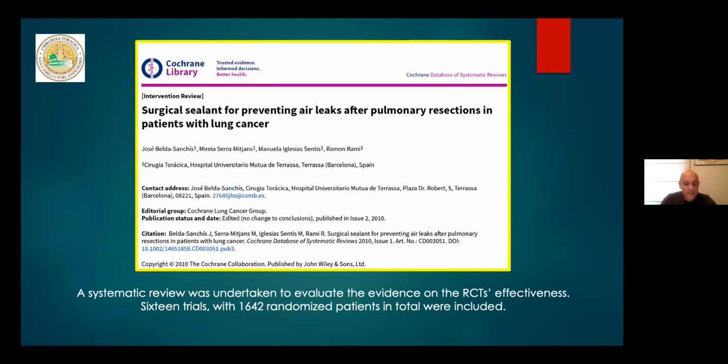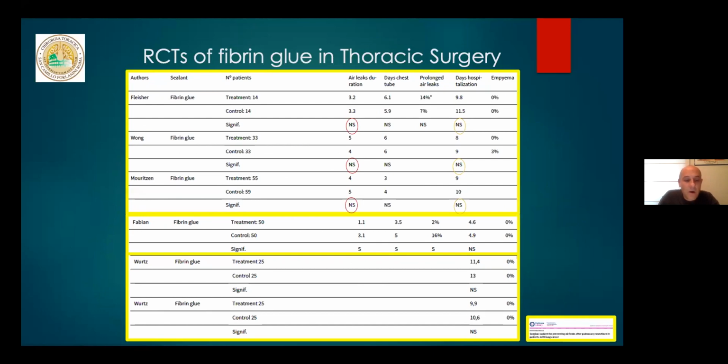This is a systematic review published in 2010. Here are the trials of fibrin glue included in the systematic review. In terms of air leak duration, 3 trials did not find any statistically significant differences between treatment patients and control: Fleischer, Moritz, and Wong studies. In the Fabian trial, a statistically significant difference was reported, 3.1 versus 1.1 days.